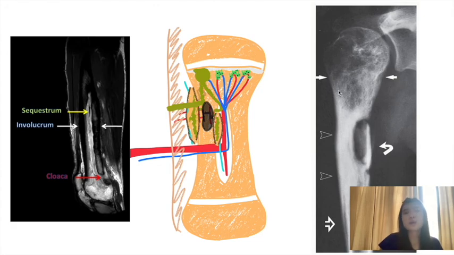But you can always apply this to other types of osteomyelitis, except I'm going to make another video about the Brodie abscess, the acute phase, why it can form like that and not like this. So just keep on waiting.